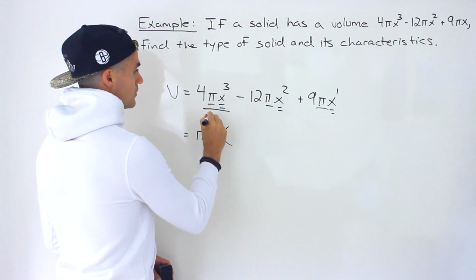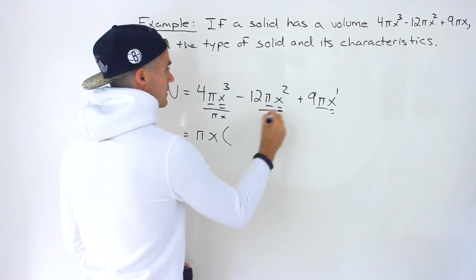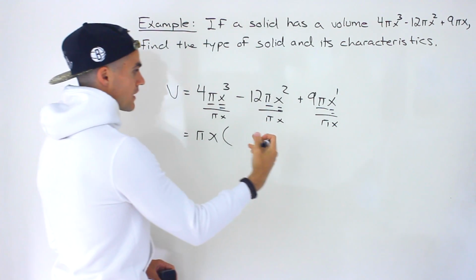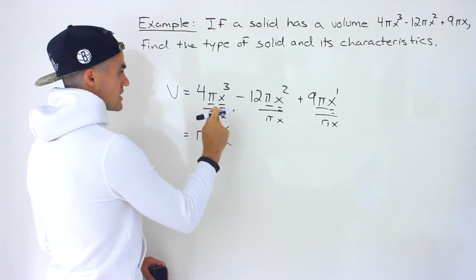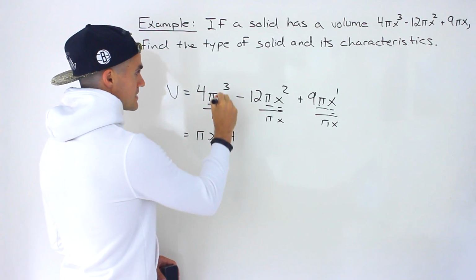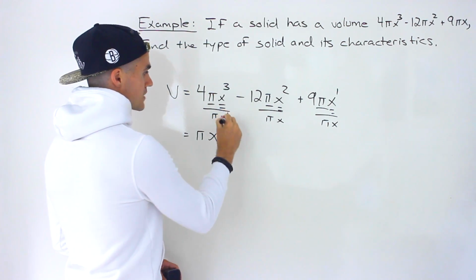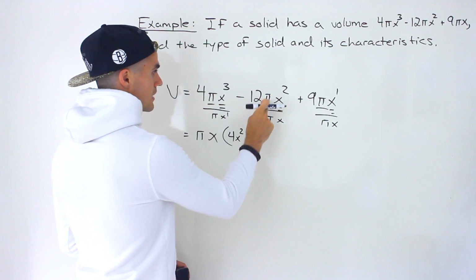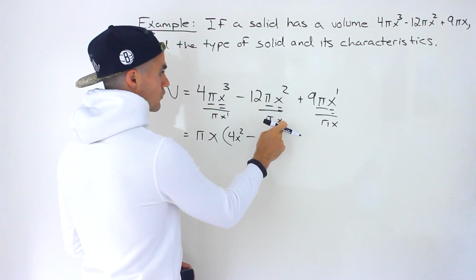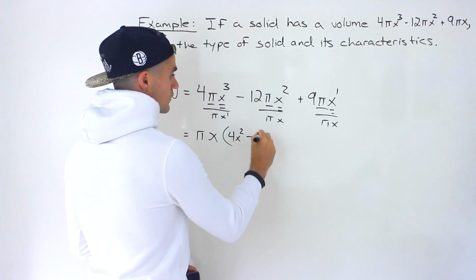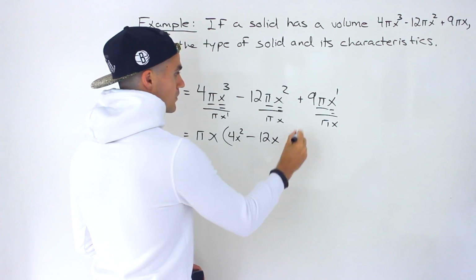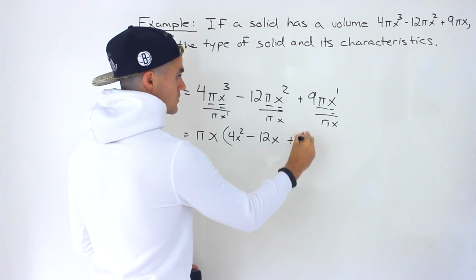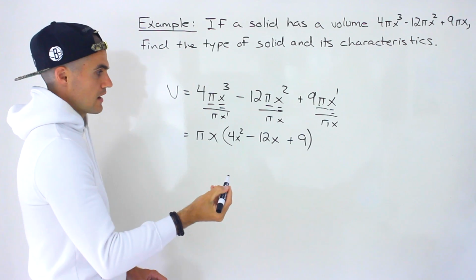We would divide each of these expressions by that greatest common factor, pi x. So we'd have 4, the pi's cancel out, x to the 3 over x to the 1 gives us x squared. Minus, the pi's cancel out, x squared over x is x to the 1, we've got the 12 still, and then plus, the pi's and x's cancel out, so we're just left with a 9.